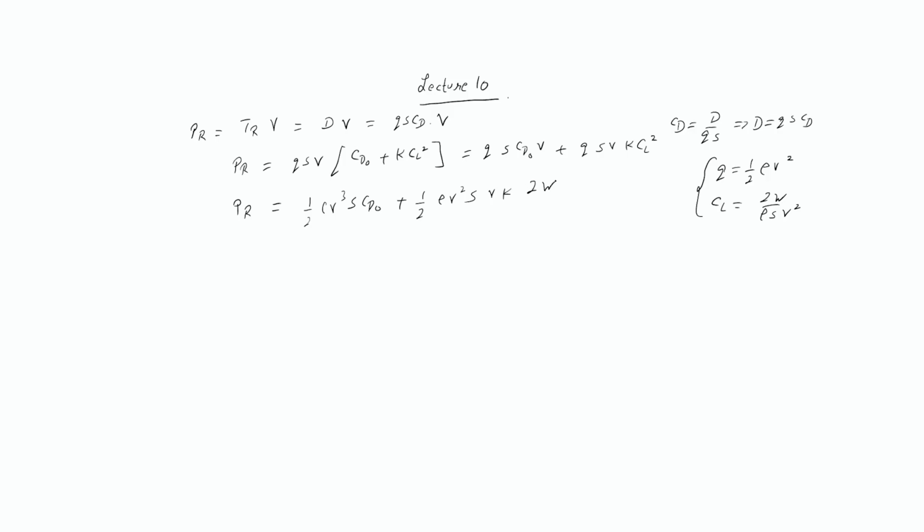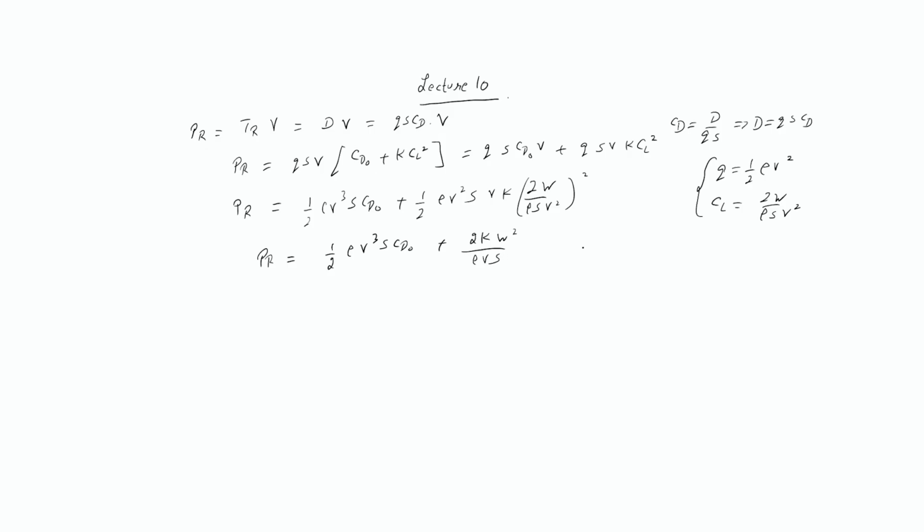CL was 2W by rho S V square, so this is whole square. So power required equals half rho V cube S CD naught plus 2K W square by rho V S. If you solve this, you will get this expression.